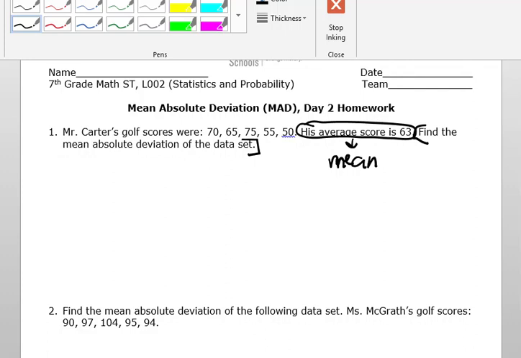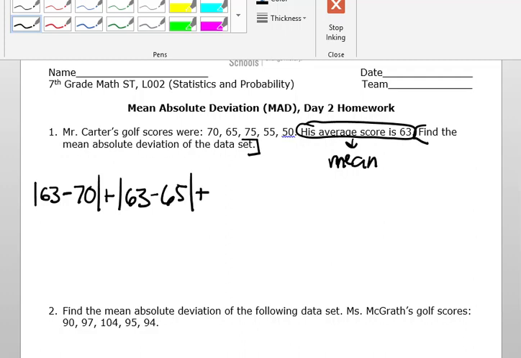Okay, so I'm going to do here the distance from, and I'm going to show you this in a little bit of a different way, just so that you can see exactly what I'm doing. So the absolute value of the distance between 63 and 70, plus the absolute value of the distance between 63 and 65.